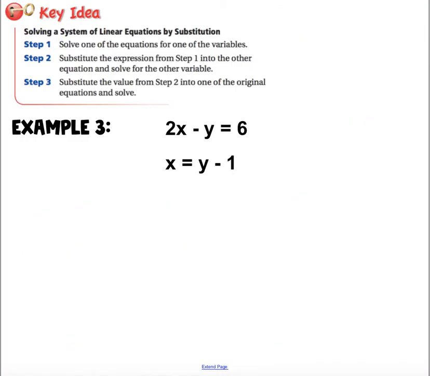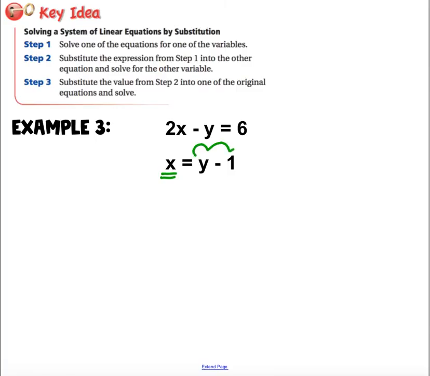Last example, 2x minus y equals 6, and x equals y minus 1. Again, step 1 is to solve one of the equations for one of the variables. The second equation is already in x equals form, so we don't have to do anything. If it wasn't in x equals or y equals form, you have to use what you know about solving equations to isolate one of the variables.